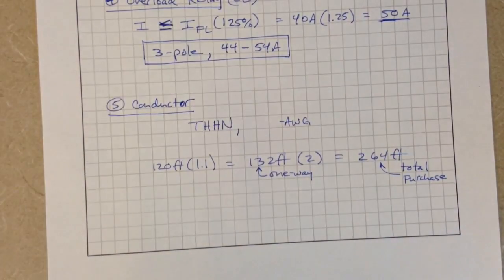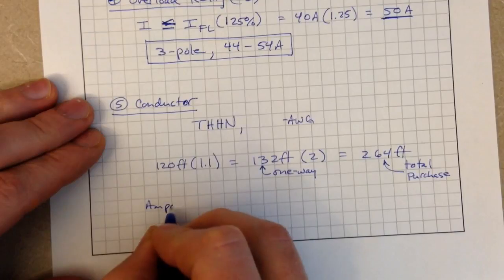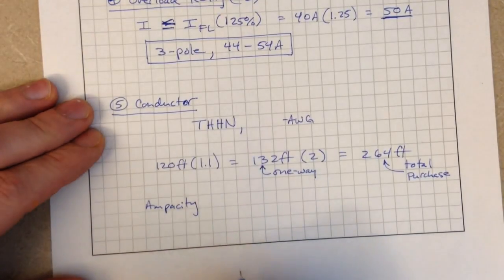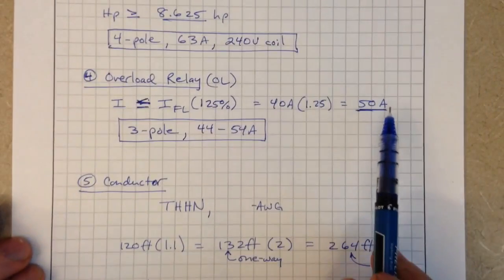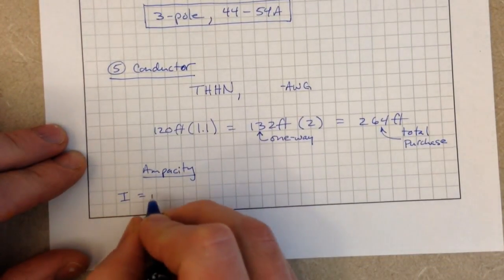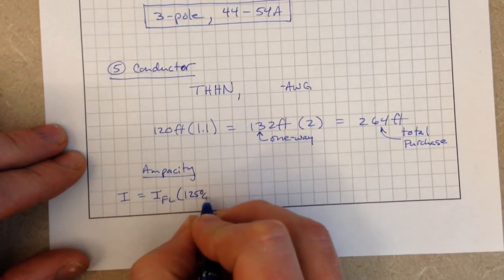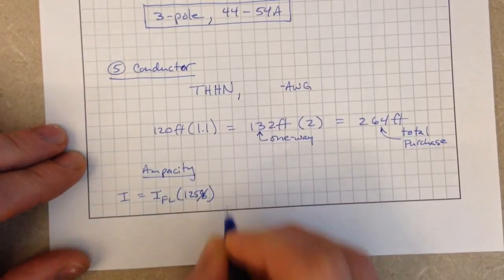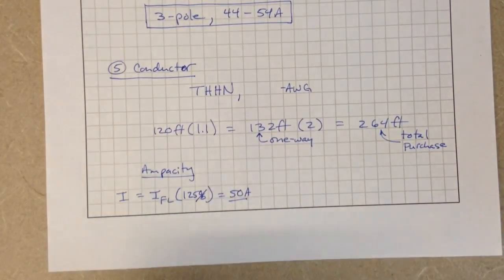Now, looking at ampacity. We have an ampacity consideration. We have our full load current times the 125, same as above, full load current times 125% per the NEC. That gives us our 50 amps, so we're going to use that 50 amp row.